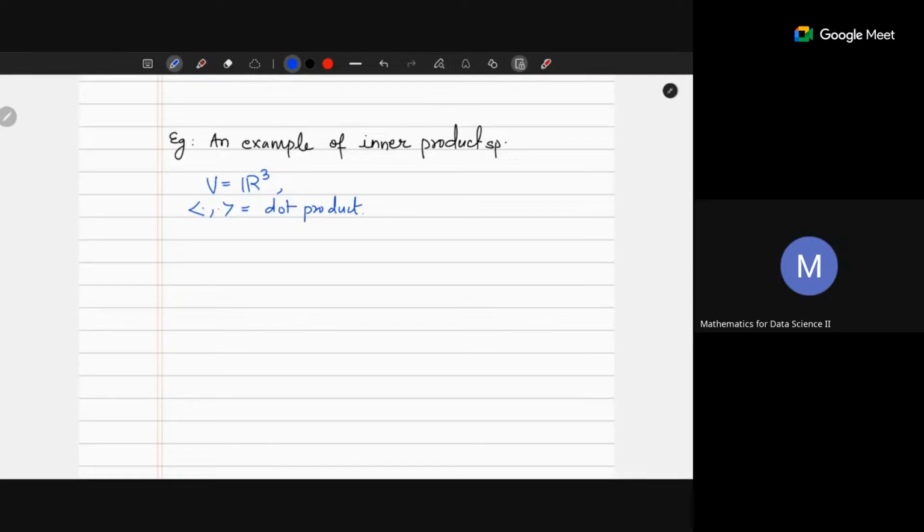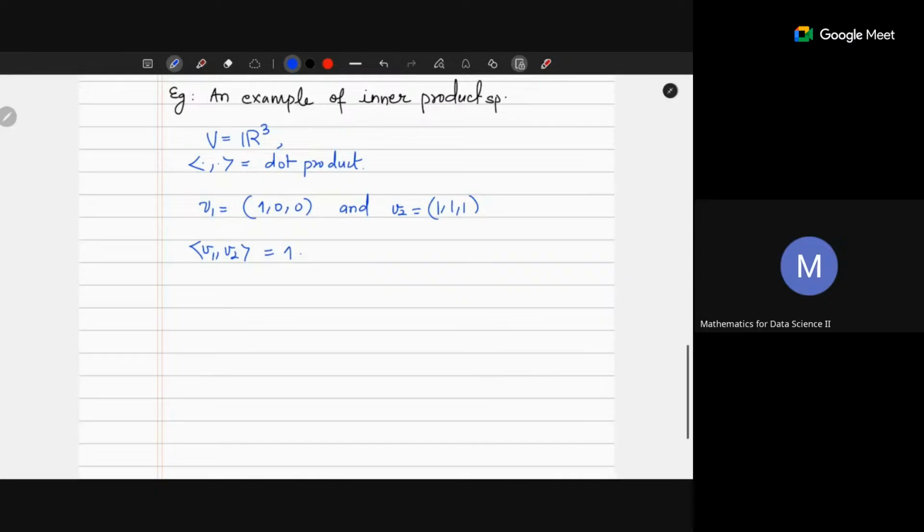Let's say your V1 is (1, 0, 0) and your V2 is (1, 1, 1). So what is V1 dot V2? What is the inner product between V1 and V2? 1. Correct.